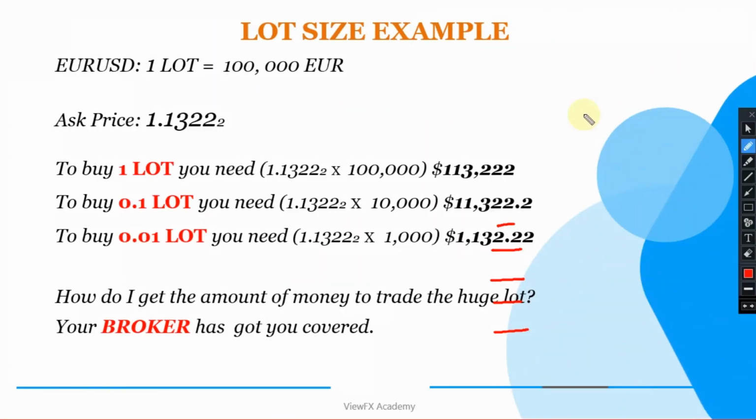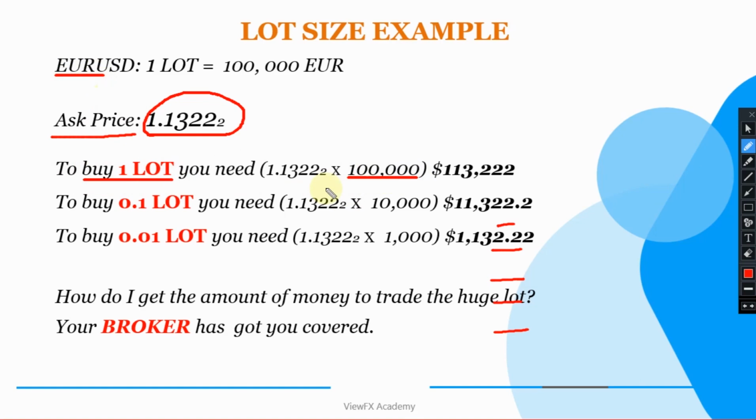Now let's see something very interesting here. Remember what we said about ask price. Should you open any trading platform and you see ask price at this level, what it means is that when you buy using one standard lot, remember standard lot is 100,000 of base currency euro.